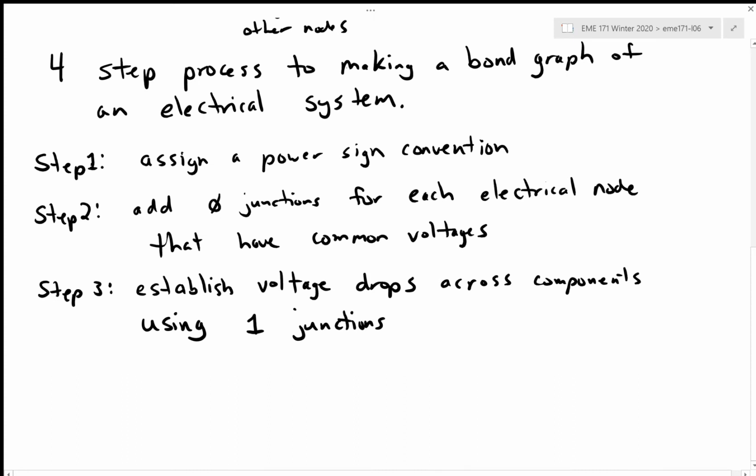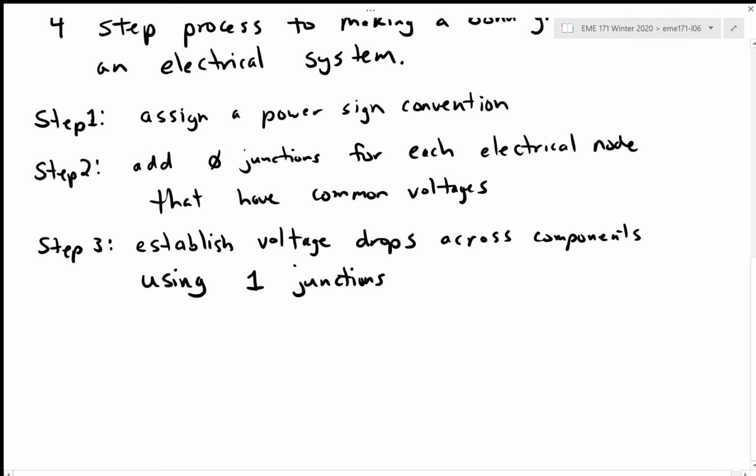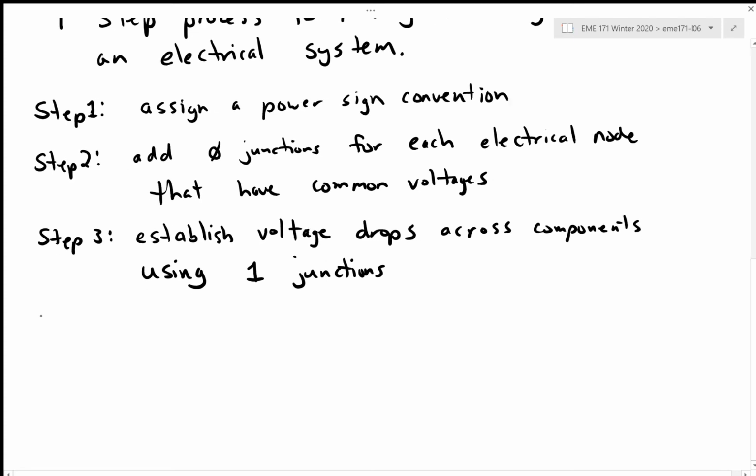Okay, and if we recall, a 1 junction is a summation of efforts, right? So we will be able to do some sums and minuses to establish these voltage drops there.